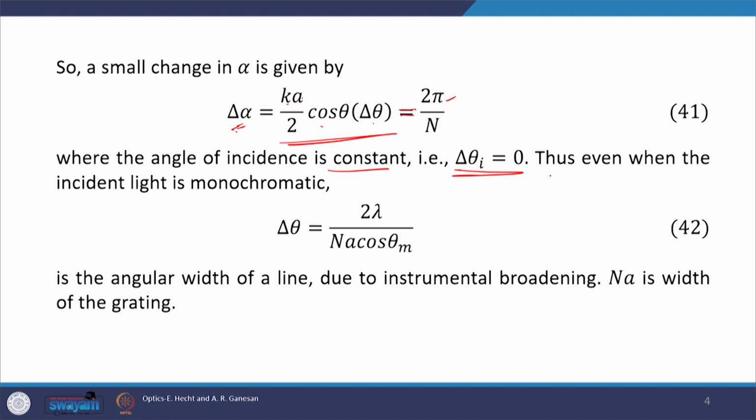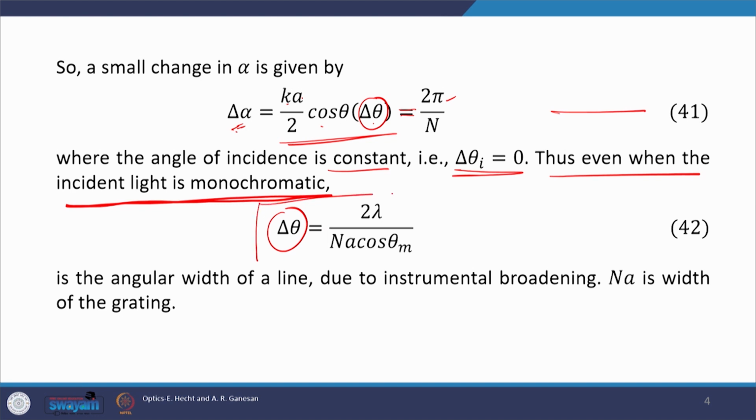Now, even when the incident light is monochromatic, here we are assuming a single wavelength source, we have some spread in theta which is delta theta, and this delta theta from equation 41 can be expressed in the form of equation 42, which says that delta theta is twice lambda by N a cos theta m. This is the angular width of a line due to instrumental broadening.